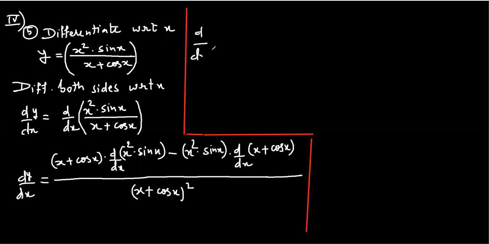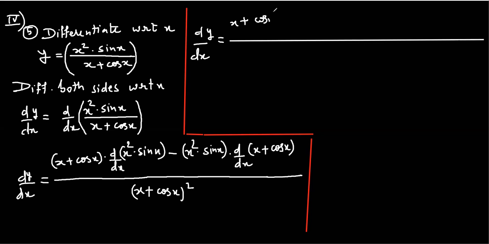Therefore, d by dx of y equals to, I write the division line, and here we have x plus cos x multiplied to. So this is what I was trying to say in the beginning, students. See, I have d by dx of x square multiplied to sin x. So here you will use product rule.